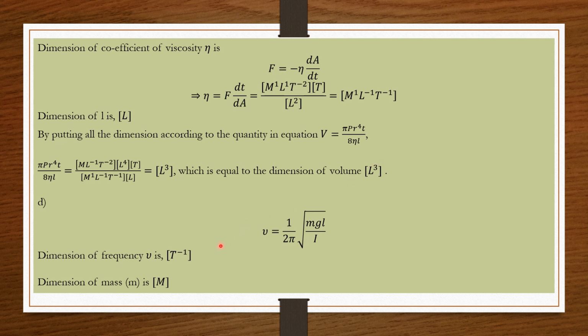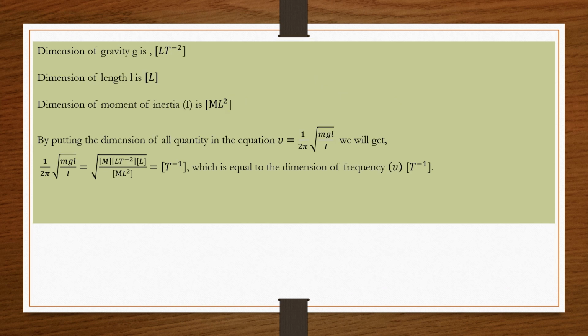Then the D part, that is nu is equal to 1 by 2 pi root over of mgl by I. So here nu is the frequency, m is the mass, g is the gravity, l is the length, and I is the moment of inertia. We know the dimension of frequency nu can be written as T to the power minus 1. The dimension of mass m is M itself.